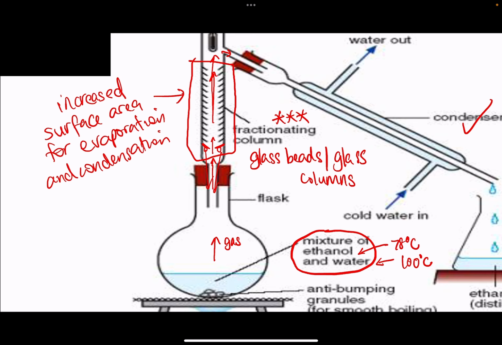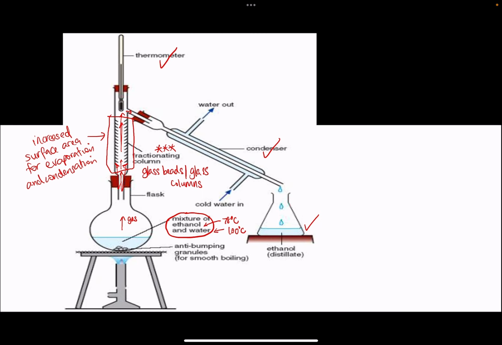As water has a higher boiling point, the chances of water condensing back into the round bottom flask is much higher. Then your ethanol will be able to move up the fractionating column, and eventually gets collected as the first liquid in the conical flask.